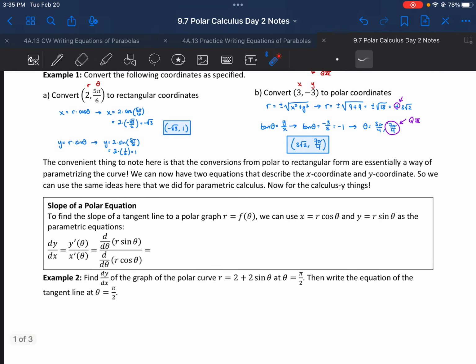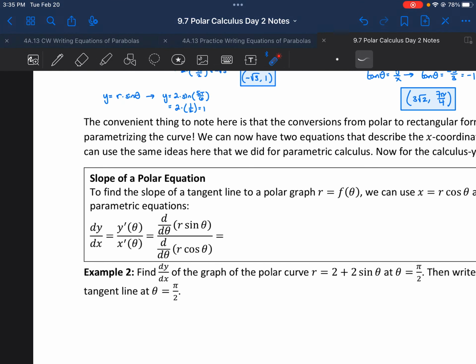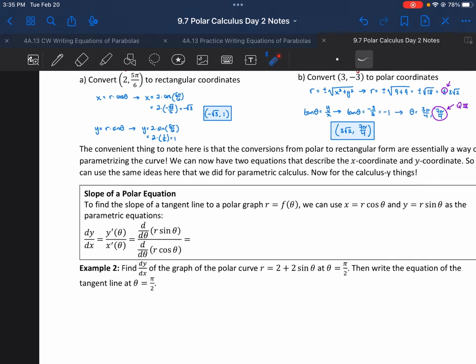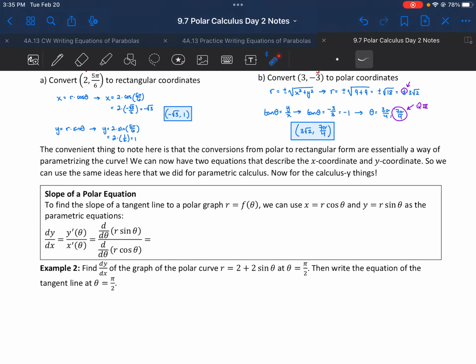So, if we want to find the slope of a polar equation, we're going to turn this into a flashcard. To find the slope of a tangent line to a polar graph r equals f of theta, we can use x equals r times cosine theta and y equals r times sine theta as the parametric equations. So we're going to have x and y be defined in terms of the variable theta.